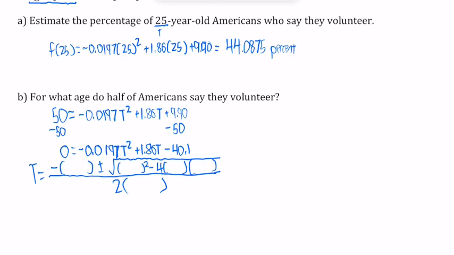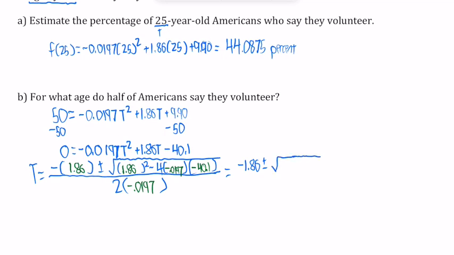Now for this equation, b is 1.86, a is negative 0.0197, and c is negative 40.1, like so. All right, so on the top, we have negative 1.86 plus or minus a square root.